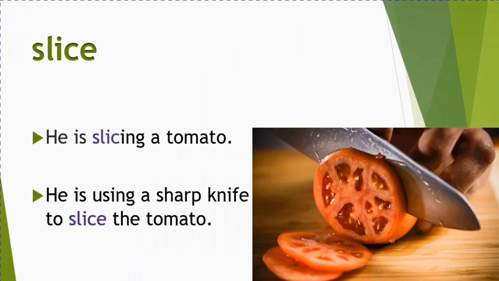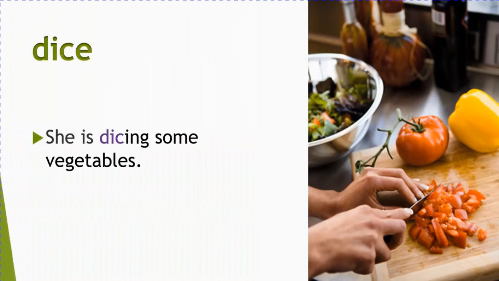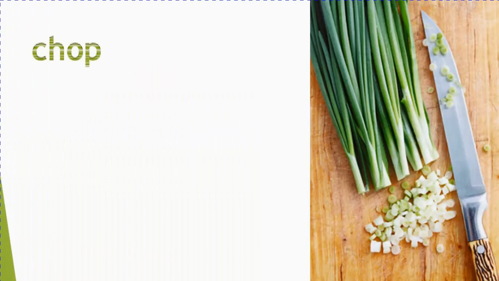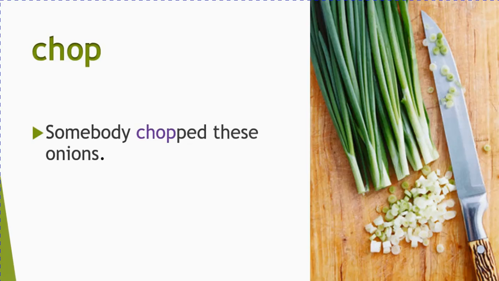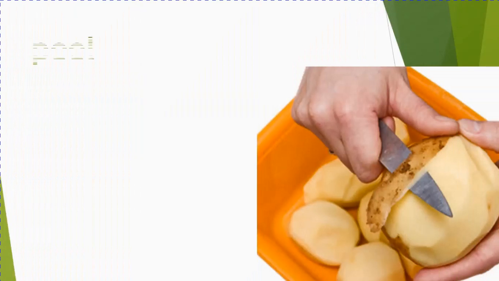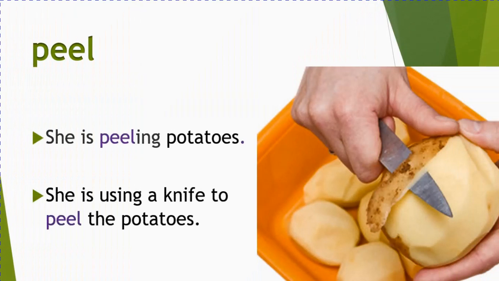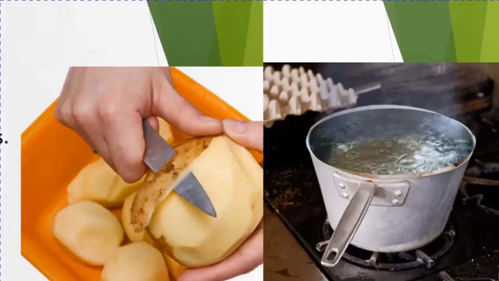He is using a sharp knife to slice the tomato. Dice. She is dicing some vegetables. She is dicing a pepper. Chop. Somebody chopped these onions. These onions were chopped on a cutting board. Peel. She is peeling potatoes. She is using a knife to peel the potatoes.